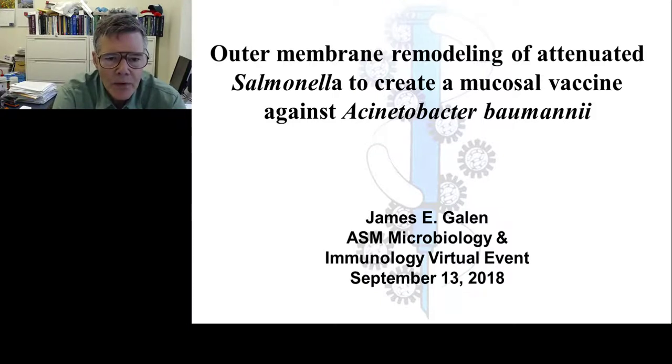Typically, we prefer to use vaccine strains derived from human pathogens and not human commensals, because human pathogens are exquisitely adapted for invasion into mucosal tissue and triggering immune responses, where commensals typically are not adapted to do those things.